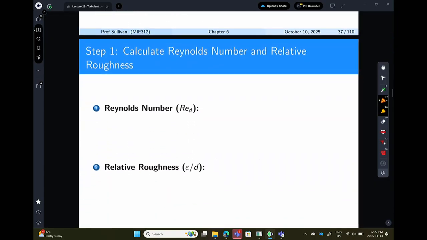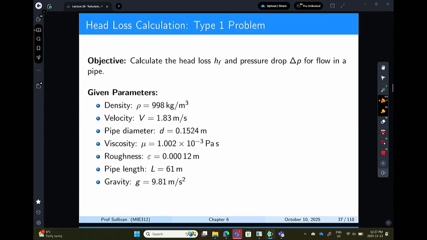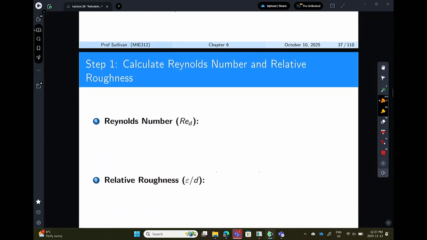The only thing we really need to do here, so these are just standard definitions, is you have to calculate the Reynolds number.